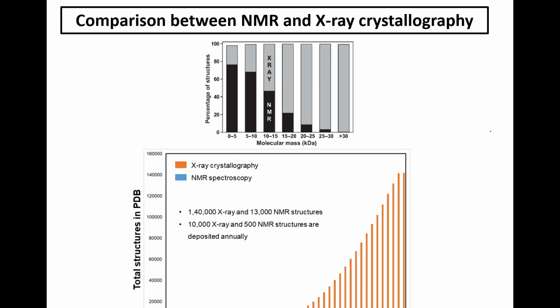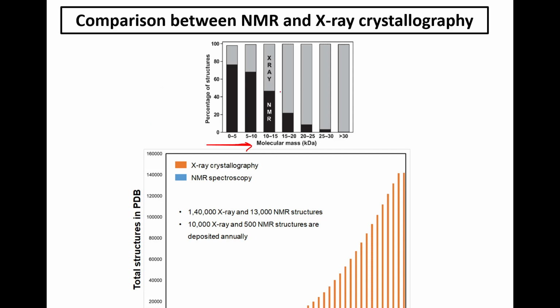If you see, there are two curves. The top curve depends on the molecular weight of your protein. As you increase the molecular weight, most structures of higher molecular weight proteins, greater than 30 kilodalton, are being solved by X-ray crystallography.